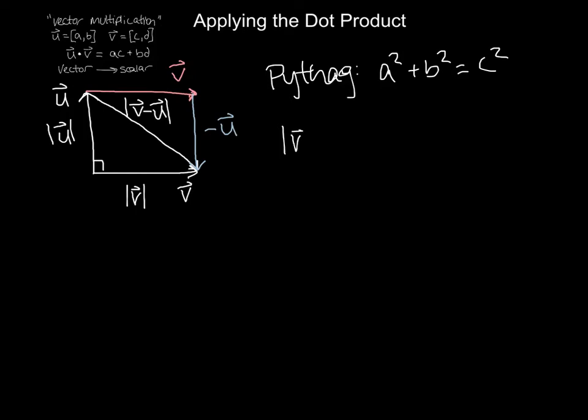So the magnitude of v squared plus the magnitude of u squared is the magnitude of v minus u squared. At this point, we are going to substitute in what the actual magnitudes of these vectors are, and just for simplicity, let's use the coordinates that we did up here in this problem.